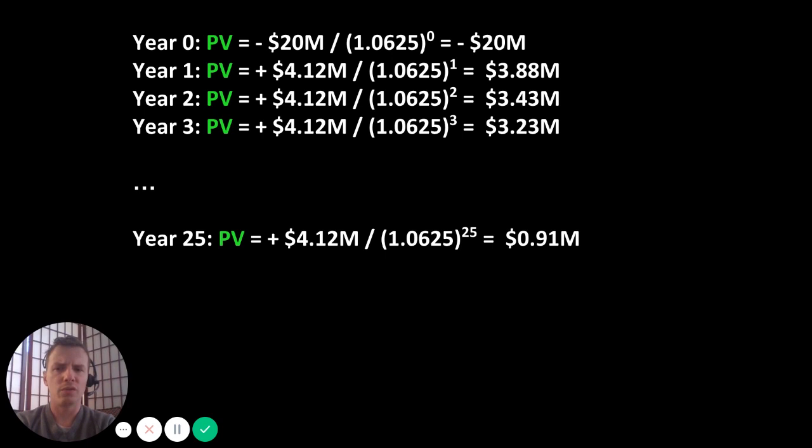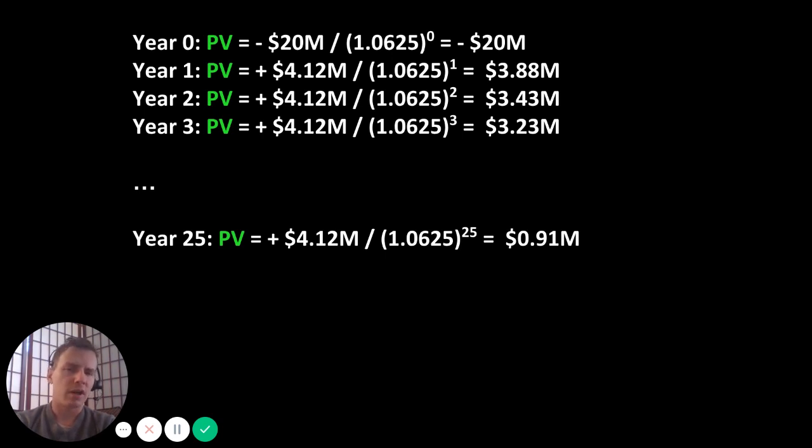In year 1, 2, 3, all the way through year 25, most of the equation looks the exact same. Our profits are $4.12 million. We're dividing by 1 plus 6.25% or 0.0625. That's the discount rate that we're using. The only thing that's different in year 1 through 25 in terms of the math is the exponent.